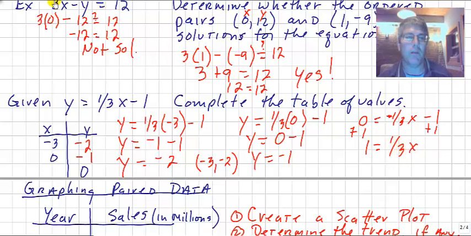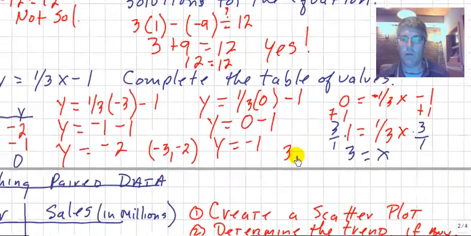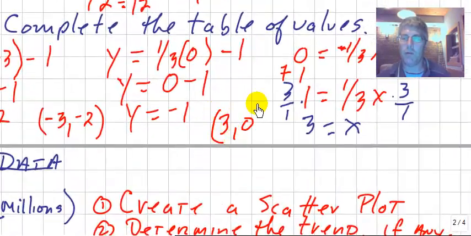We multiply both sides by 3 to isolate x, to get x all by itself. So 3 over 1. So 3 equals x. So now we know in order to get a y of 0, x must be 3. So that is going to be our ordered pair 3, 0.